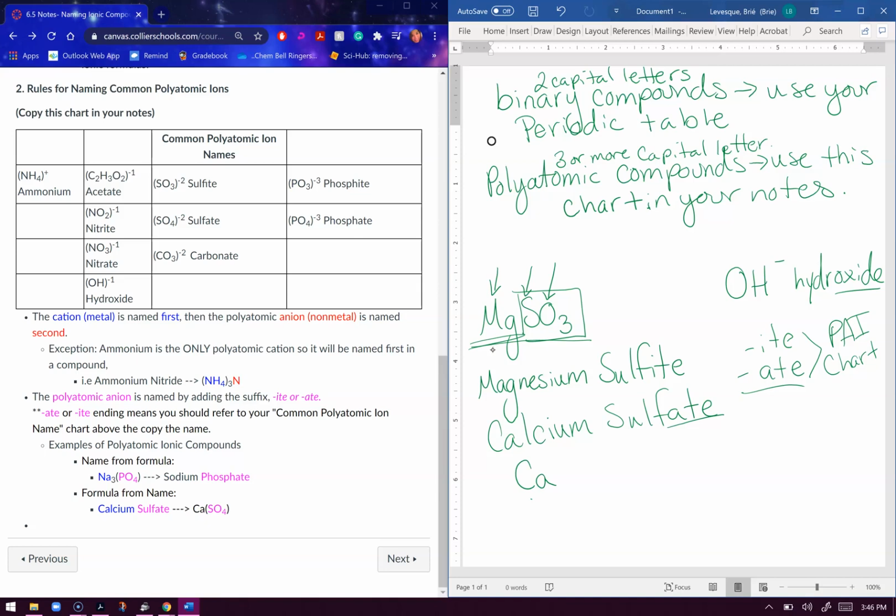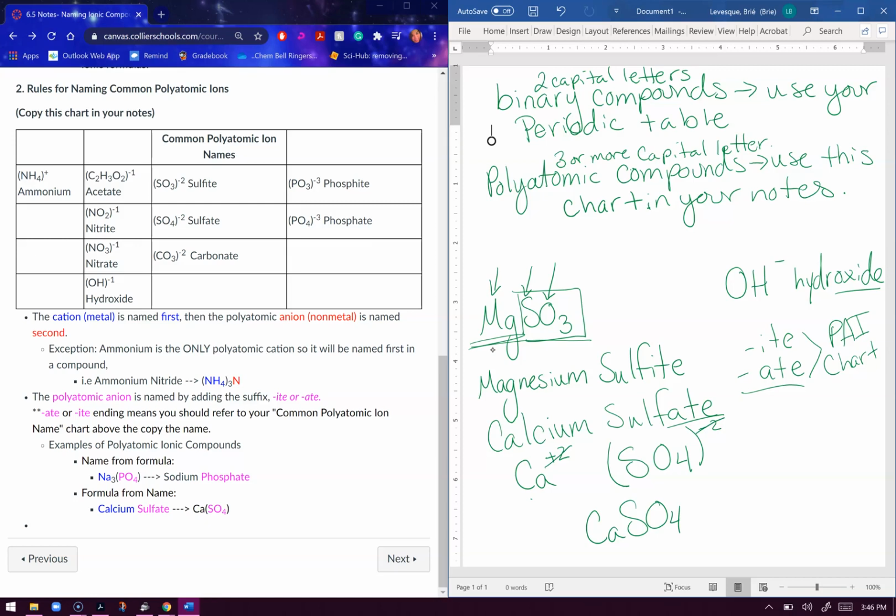So we go to our polyatomic ion chart and we find that sulfate is SO4 with a -2 charge. Calcium, from our periodic table, is in group 2, so it has a +2 charge. When we do our crisscross, we're going to get CaSO4 because the +2 and the -2 are going to cancel out. So calcium sulfate has a formula of CaSO4.